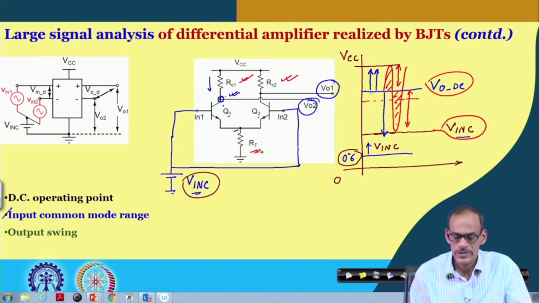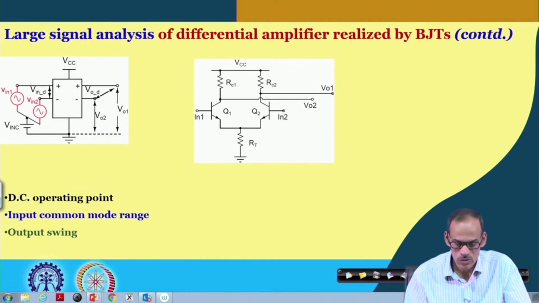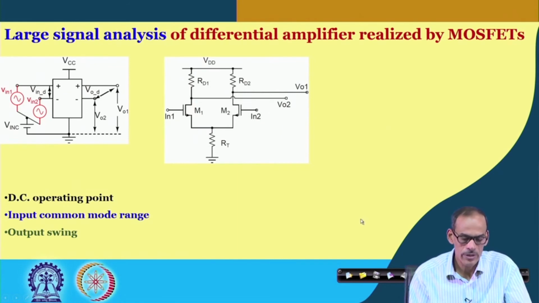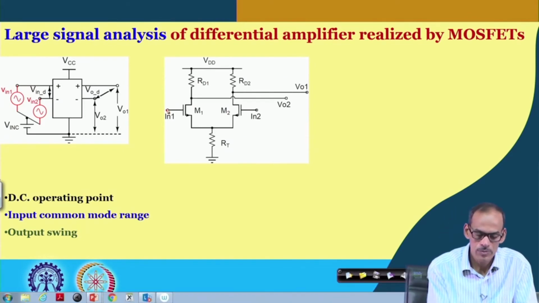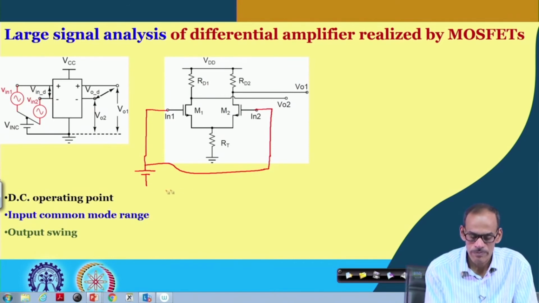So, similar to BJT, for a MOSFET circuit also we have a similar kind of situation, namely the DC operating point is a strong function of the input common mode voltage. Suppose we have input common mode voltage coming to the gate of transistor 1 and transistor 2.